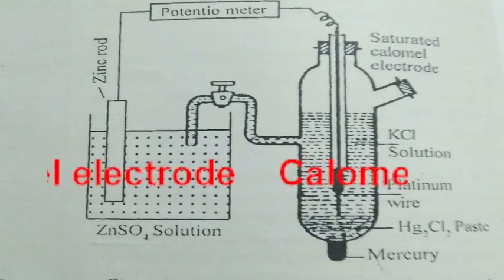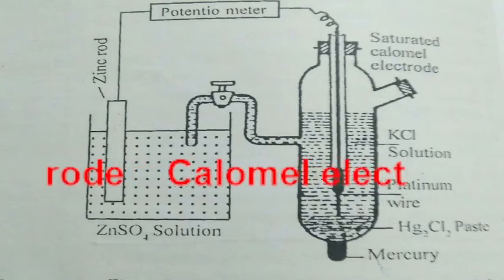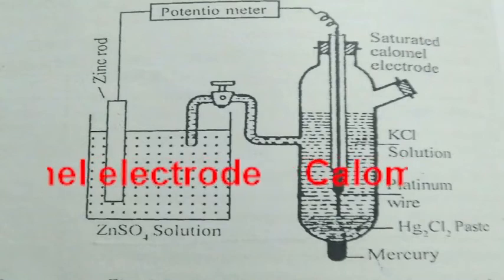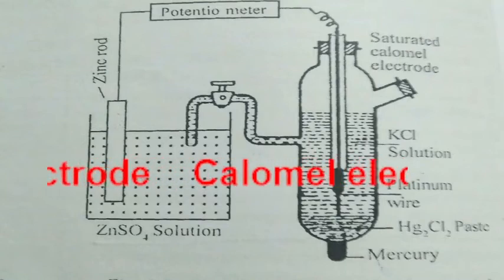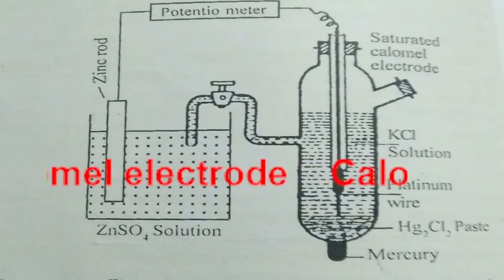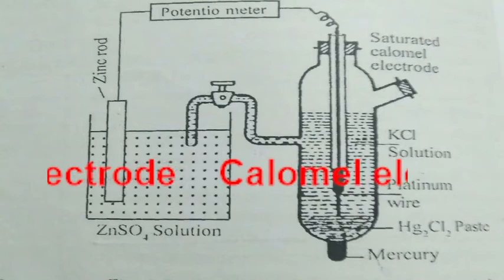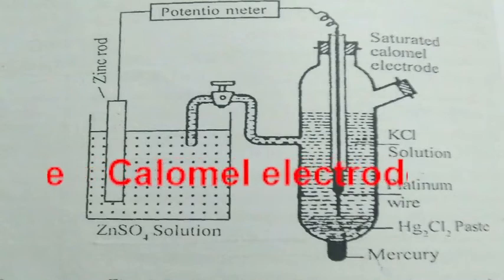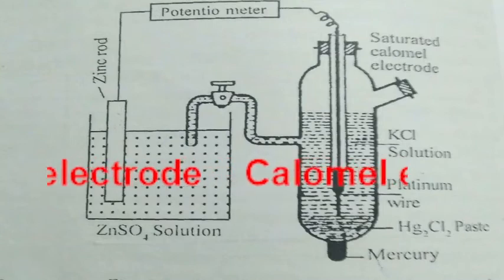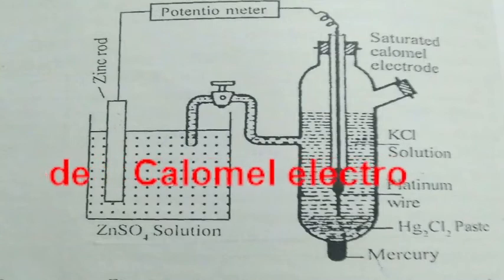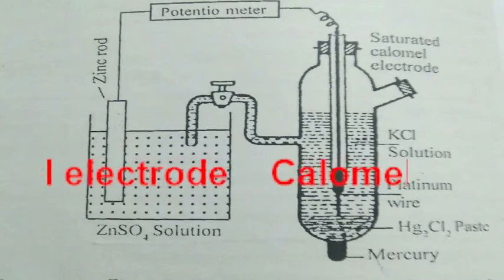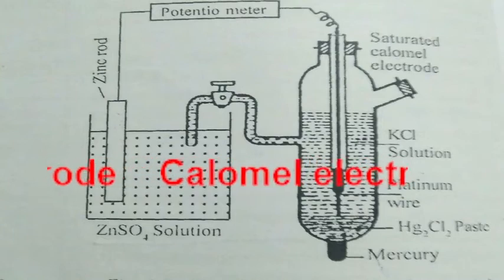Respectively, in the case of decinormal Calomel electrode, it is maximum 0.3335 volt. In the case of normal Calomel electrode, it is 0.284 volt. In the case of saturated, highly concentrated solution, it is only 0.242 volt.